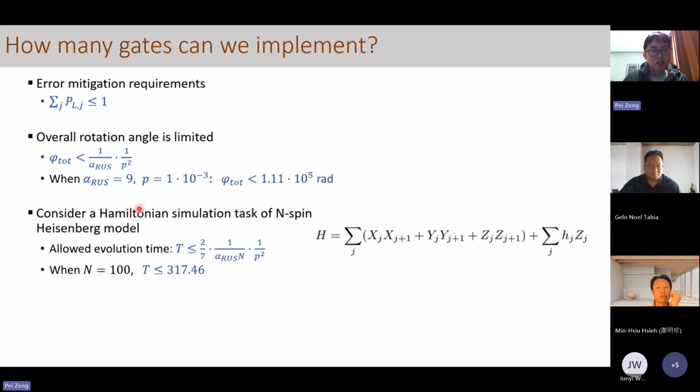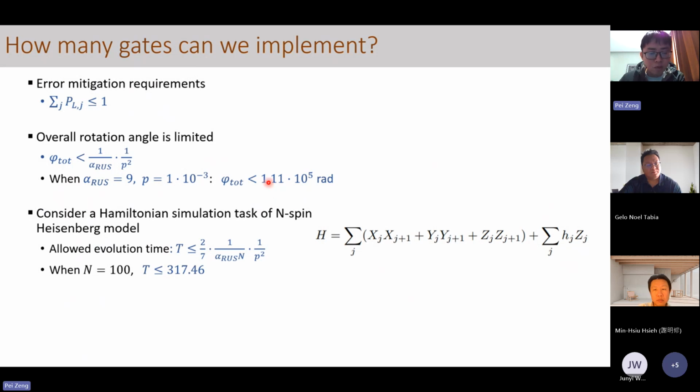Our conclusion is that in the Clifford plus phi architecture, as long as all the phi rotation angles, let's say you have many phi rotation gates in this circuit, are smaller than 10 to the minus 5 radian, then you can use our methods to achieve a very low spacetime overhead fault-tolerant quantum circuit implementation.